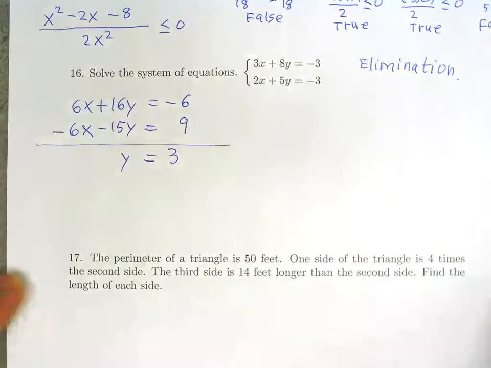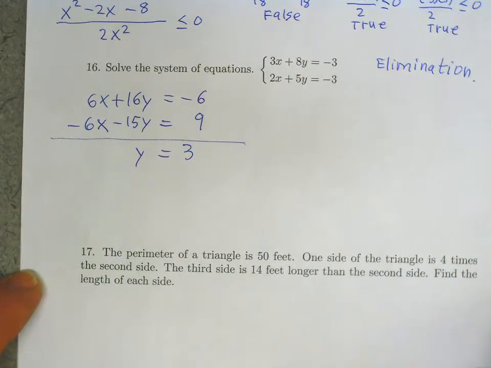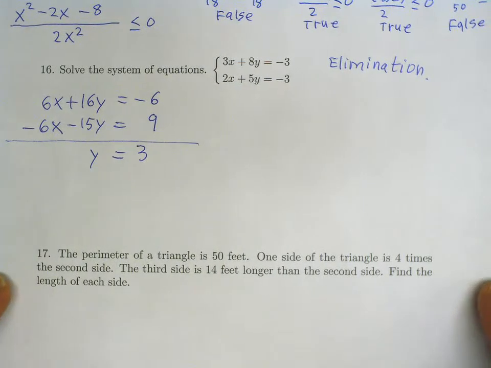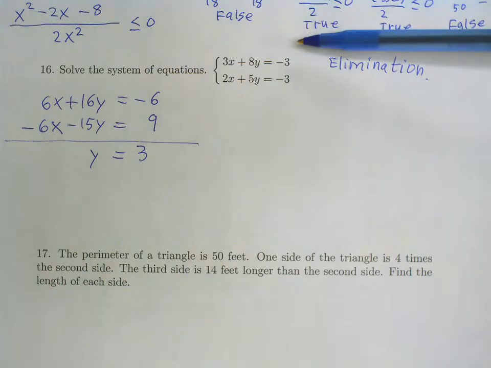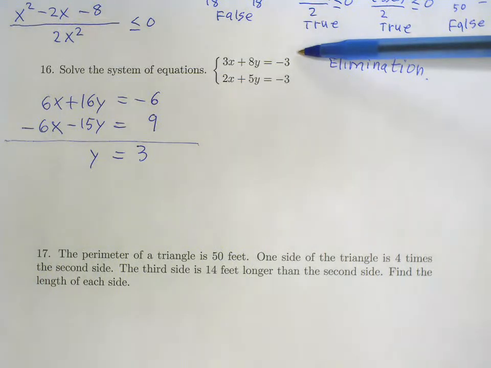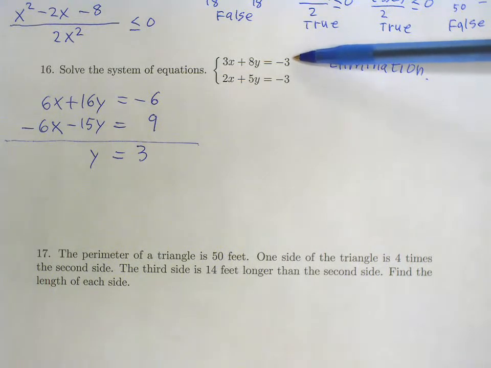Yesterday we were working on this problem, solve the system of equations. The two equations are both linear in 2 variables. So we started out, we multiplied every term on both sides of the top equation by +2.